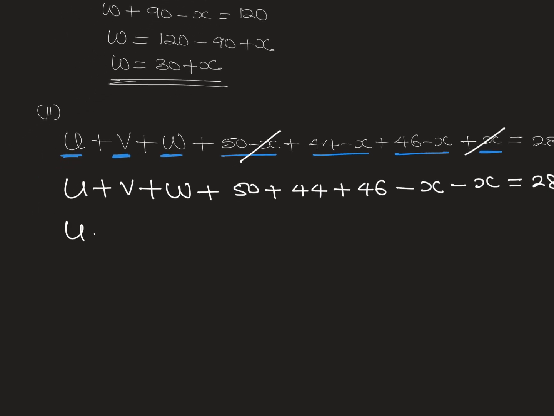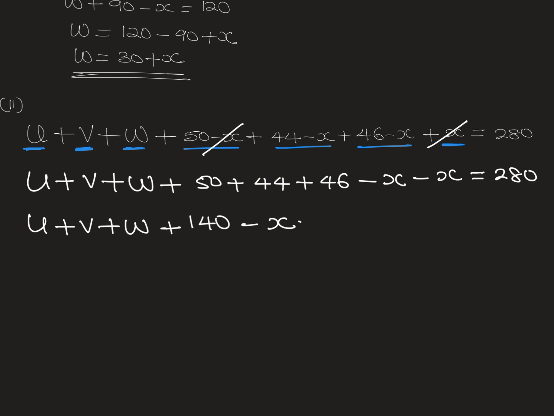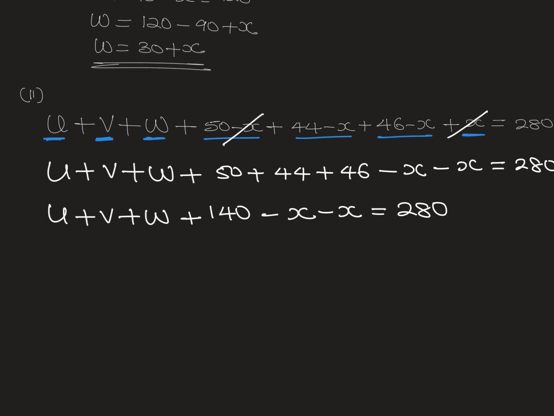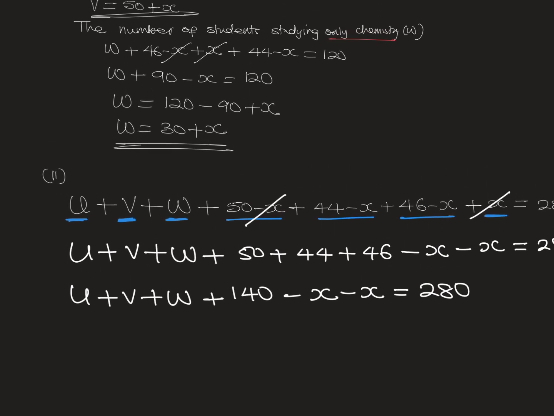So we'll have U plus V plus W. 50 plus 44 plus 46 is 140. Okay, so that is plus 140 minus x is equal to 280. Is that okay? Yeah. So what do we do next?